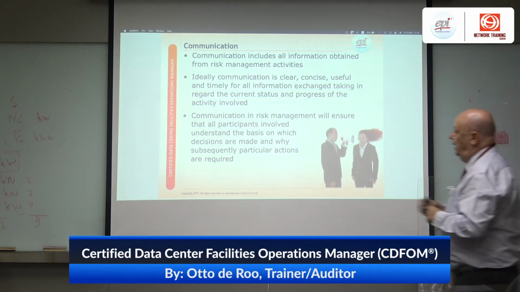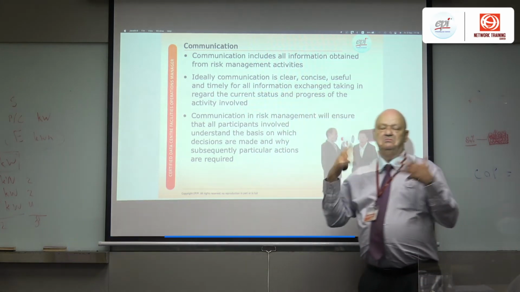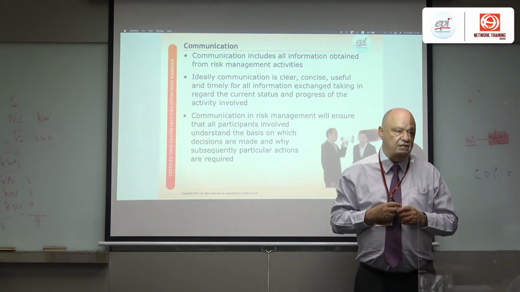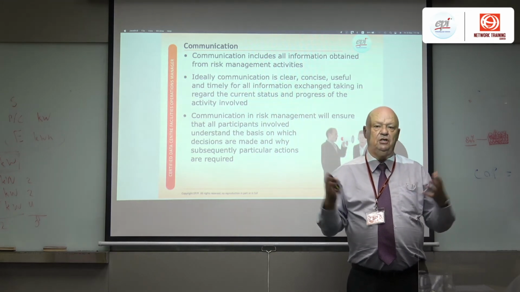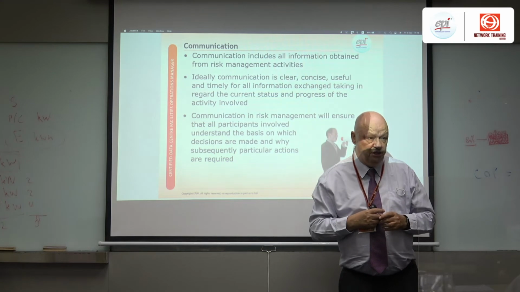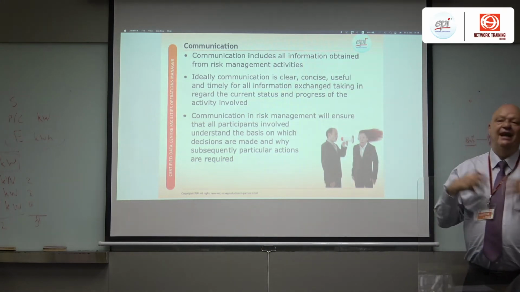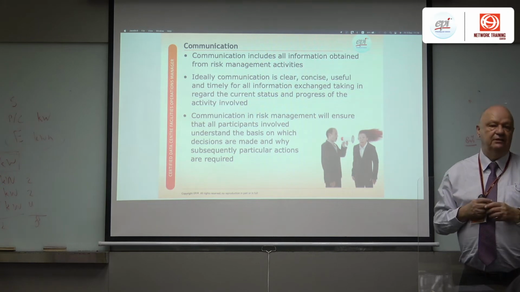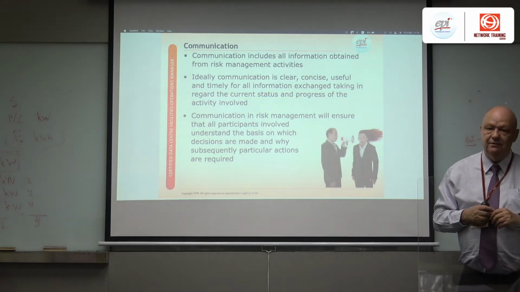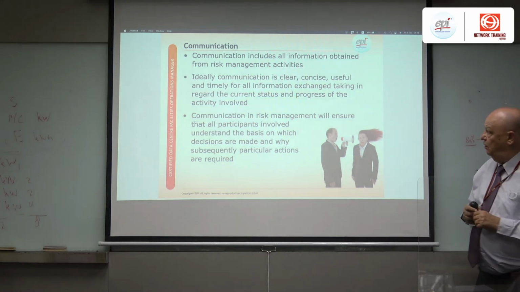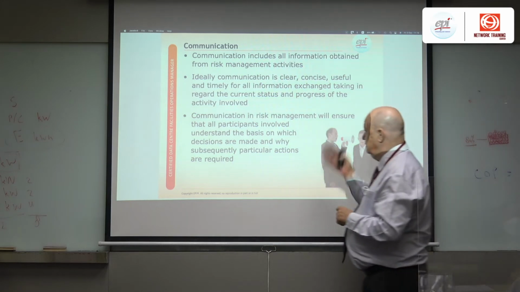We need to tell all the stakeholders what the current status of the risk is and what the progress is of the activities taken to mitigate or reduce the level of risk.